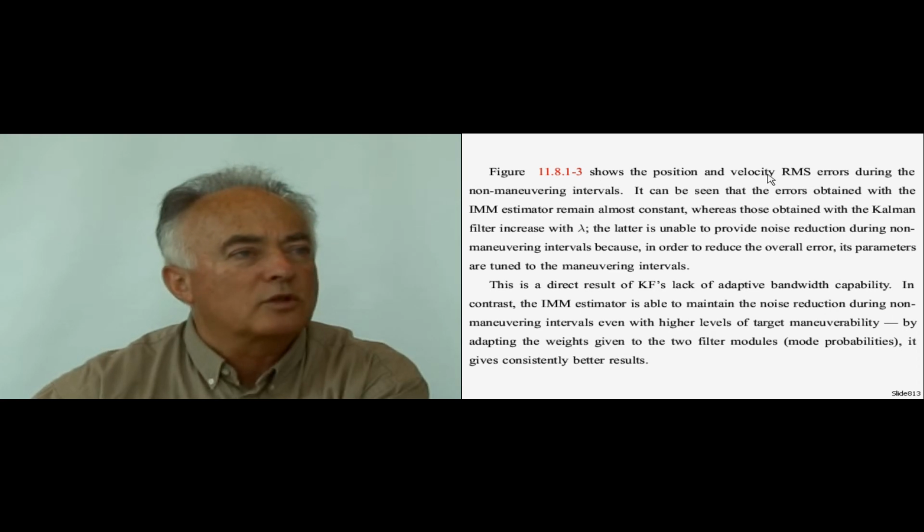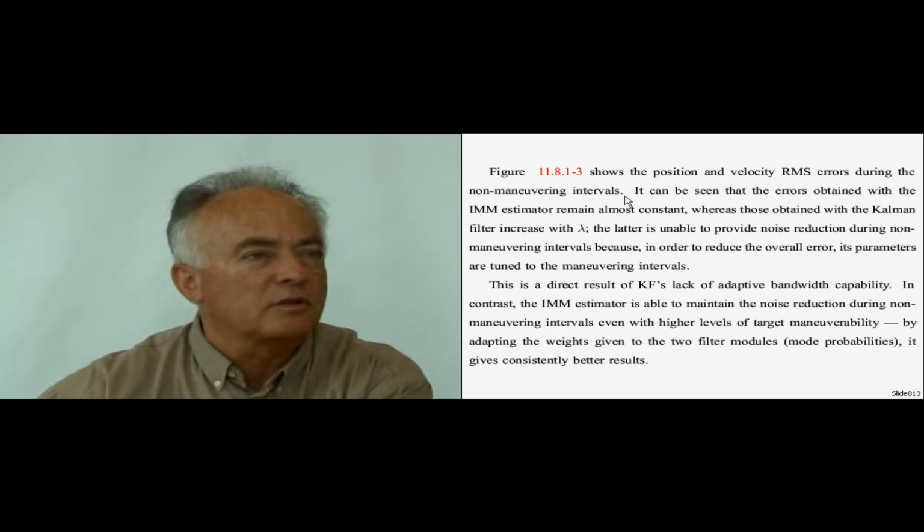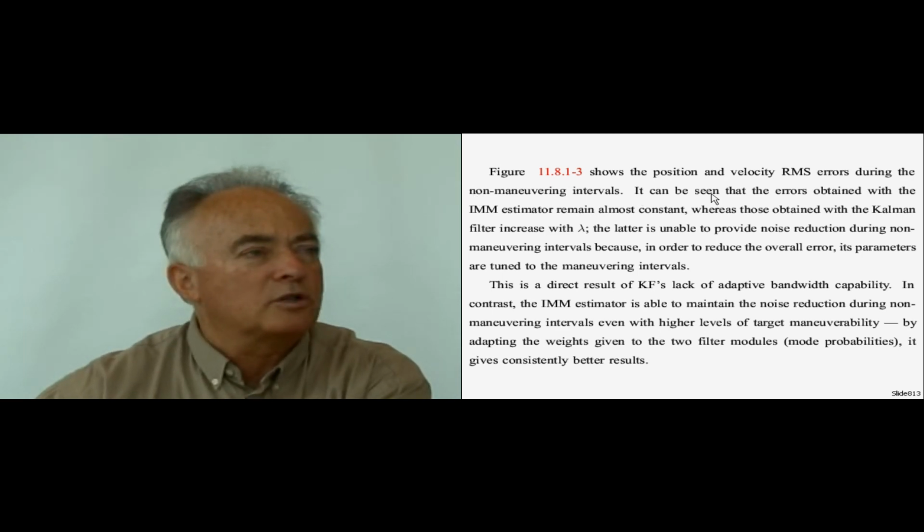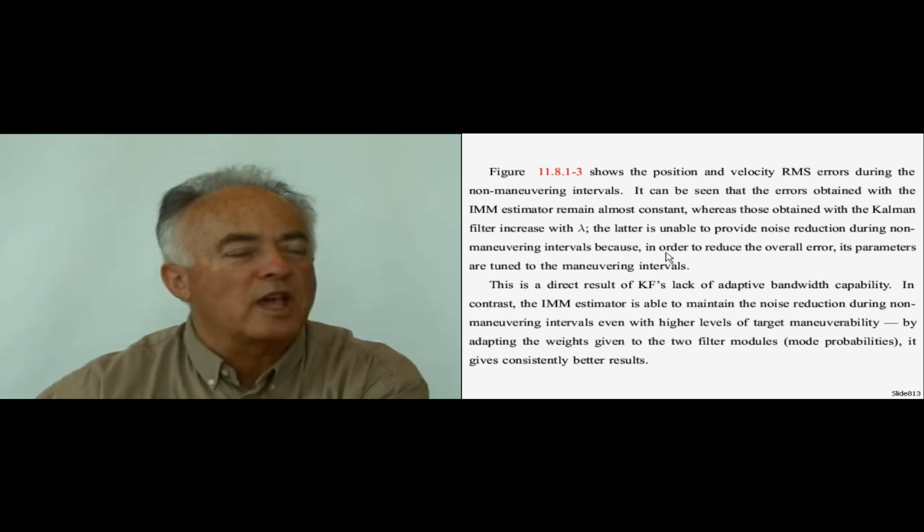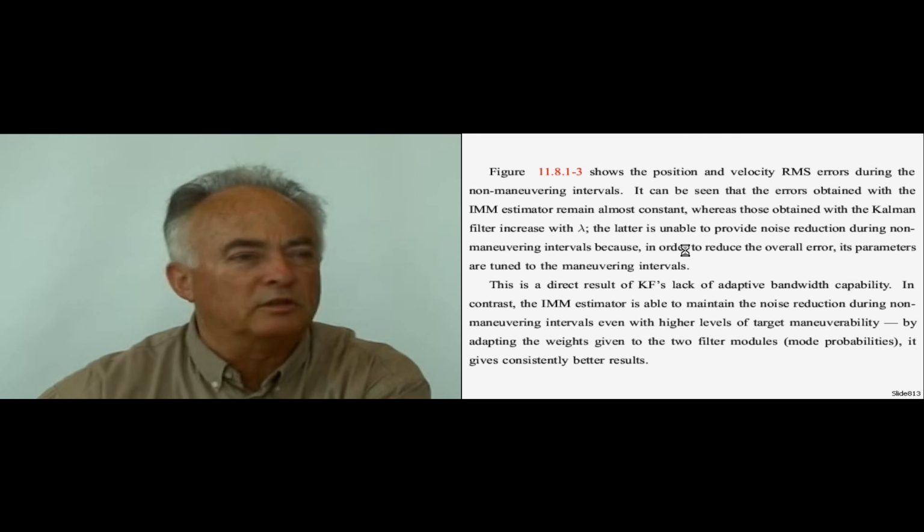We will see next the position and velocity errors during only the non-maneuvering intervals. And these errors, we can see that the IMM has them almost constant, whereas those obtained by the Kalman filter significantly increase with lambda, because the Kalman filter is unable to provide the noise reduction during the non-maneuvering intervals, because it is a compromise, and as the lambda is larger, it becomes a higher bandwidth filter.